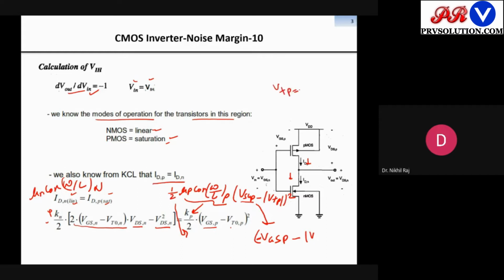We know the threshold voltage of PMOS is negative, so if I remove the mod, the minus sign comes out, giving minus of minus VTP, which is VGS of P. Taking minus 1 out of the square, VGS of P minus VTP whole square, so this becomes plus again and we get this equation back. So these two equations are nothing but the same.